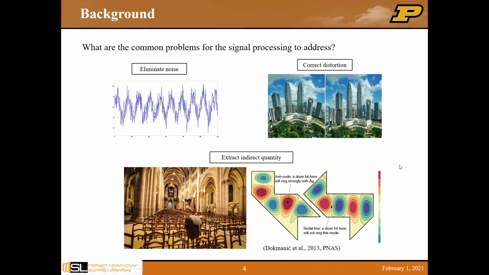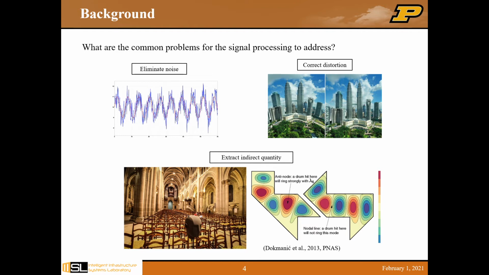All right, so what are the common problems for signal processing to address? Let's start with a very basic problem, which is to eliminate the noise in the signal. Imagine you have data collected from an accelerometer or strain gauge using the DAQ system, and you have a lot of noise in the time history data. How do we remove that? Well, we can apply signal processing techniques.